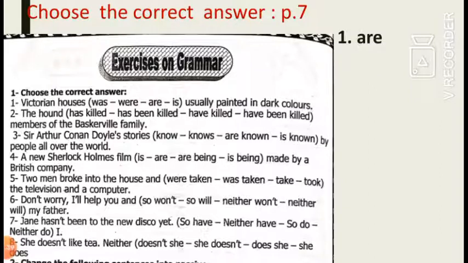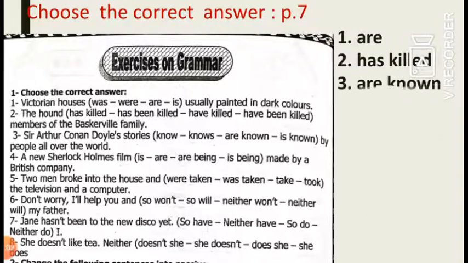Number 2, the hound has killed members of the Baskerville family. The hound has killed, because the hound here is the subject. Number 3, Sir Arthur Conan Doyle's stories are known by people all over the world. Are known, present simple passive.